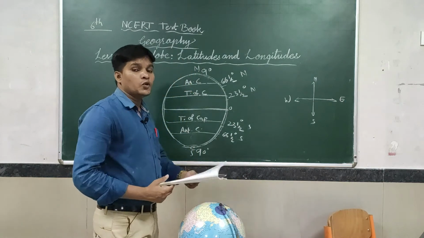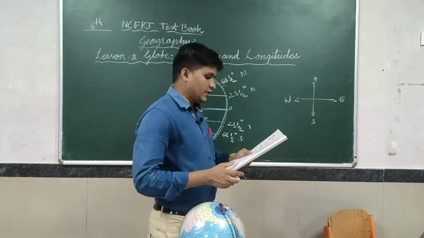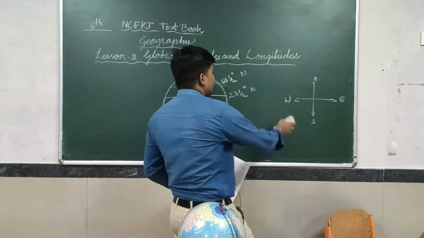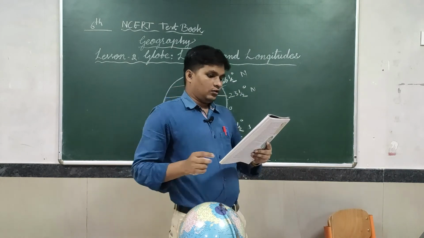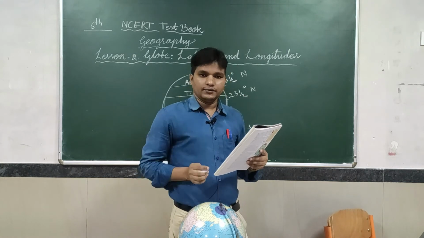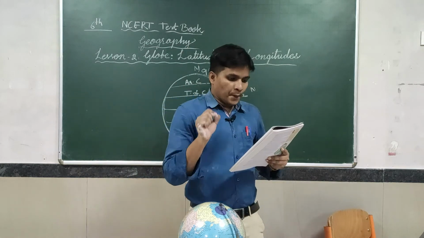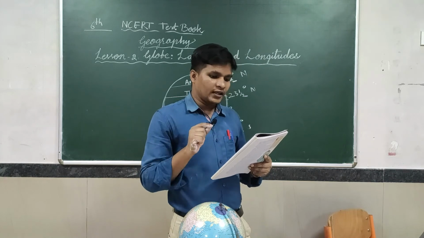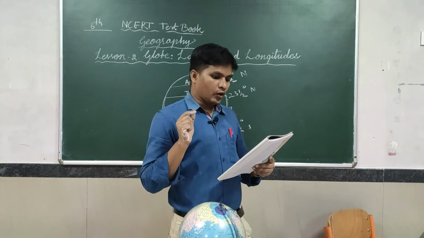Now the zones, hot zone, cool zone, we are going to read now. First of all, I will read the content. Listen to me. First, the heat zones of the earth. The midday sun is exactly overhead at least once a year on all latitudes between the Tropic of Cancer and the Tropic of Capricorn.